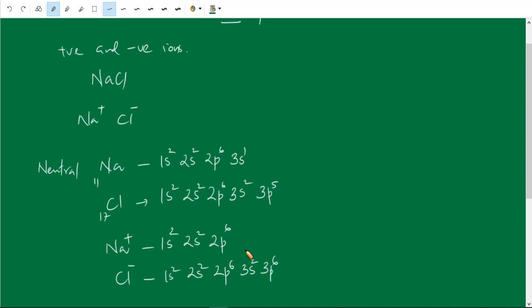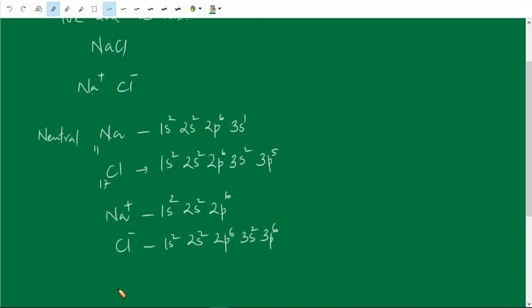This one electron goes here, so it becomes Cl minus because it has 17 protons but 18 electrons. Here Na plus has 11 protons but 10 electrons. So there is electrostatic interaction between positive and negative ions, and that is the cause of the ionic bond. The ionic bond results from the electrostatic interaction of oppositely charged ions.